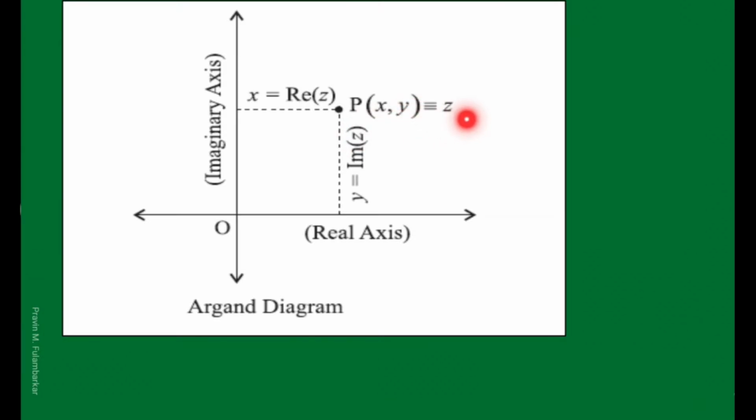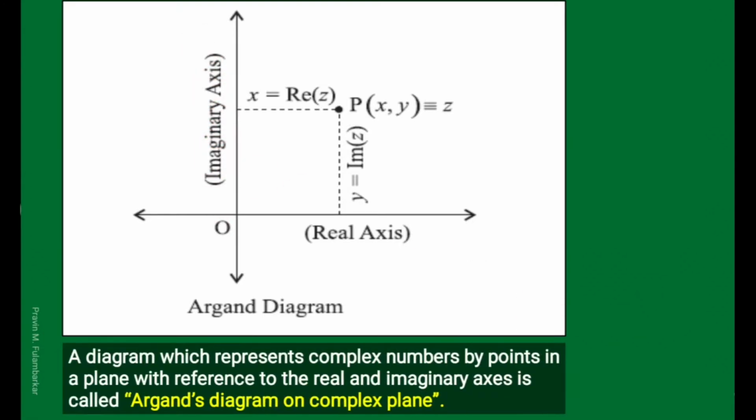So we write z as P of (x, y), and the distance of this x coordinate from the origin O is x equals real of z, and from the x-axis is imaginary of z. So this is the Argand diagram. This x-axis is called the real axis and this y-axis is called the imaginary axis.